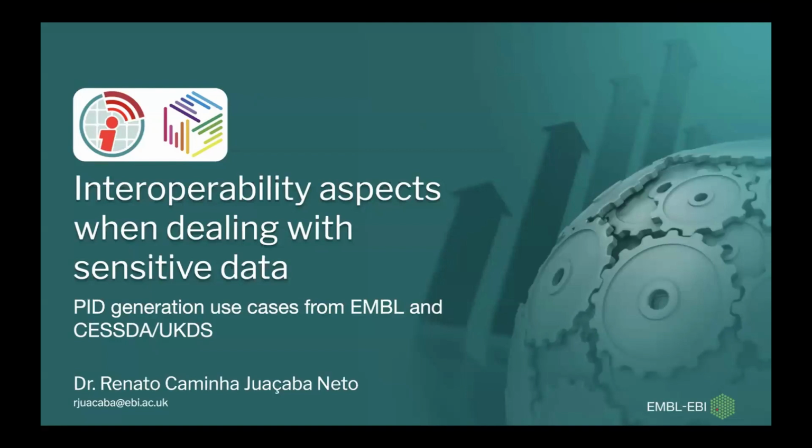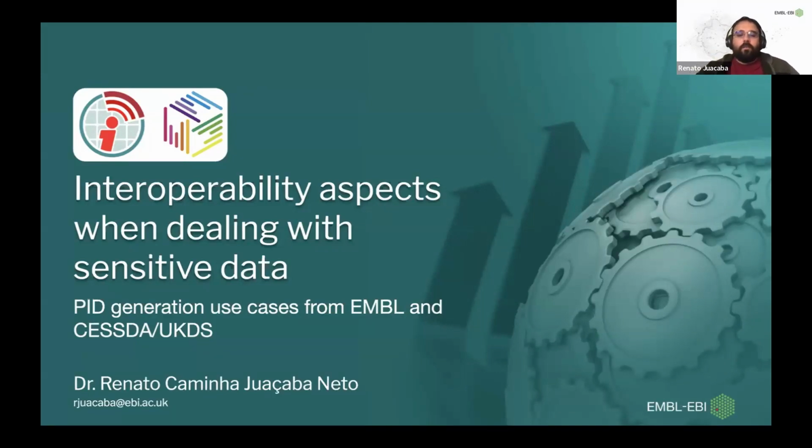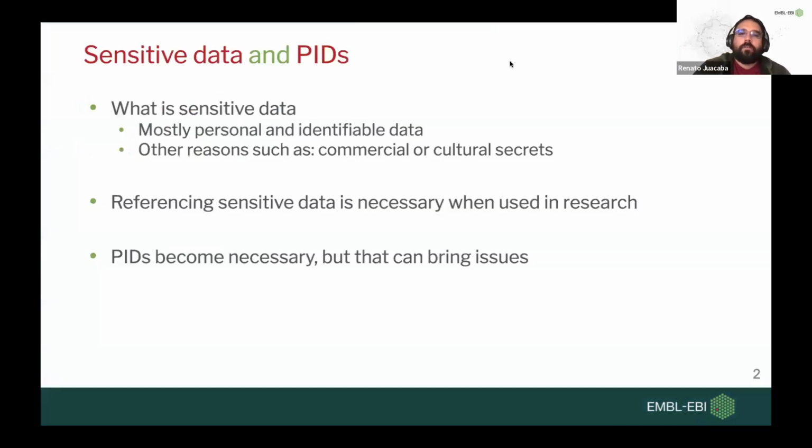Yes. Sorry. Yeah, so thank you for inviting me for this event. My name is Renato, and I'm here to talk a bit about interoperability aspects with sensitive data, more specifically on the two use cases of MBOE and SESDA in the UK Data Service. But first, just a quick primer on what is the sensitive data that we are talking about.